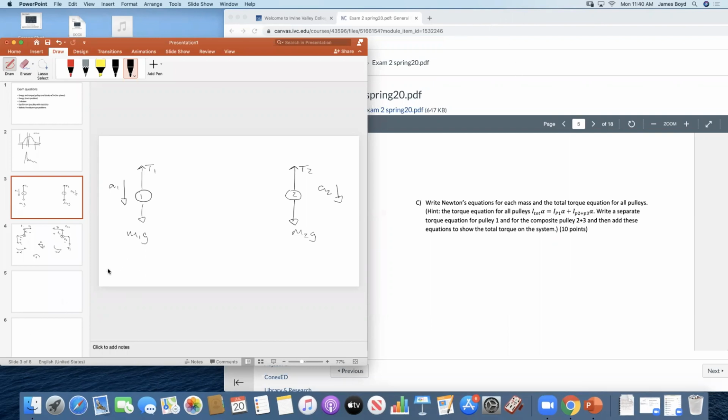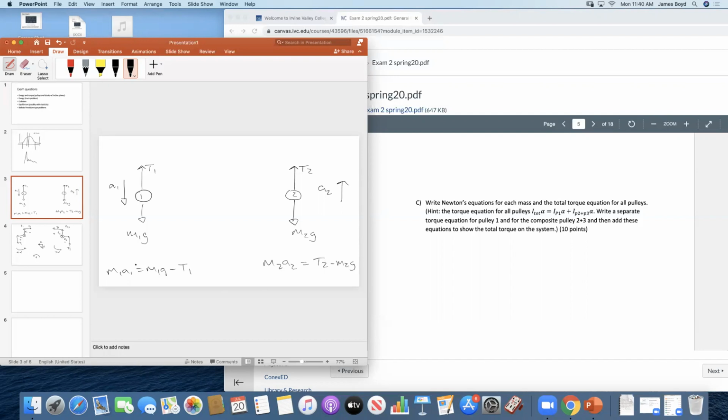all you have to do is write M1A1 is equal to M1G minus T1. And here, M2A2 is equal to, oh shoot, I'm sorry, I flipped that the wrong way. Is equal to T2 minus M2G.